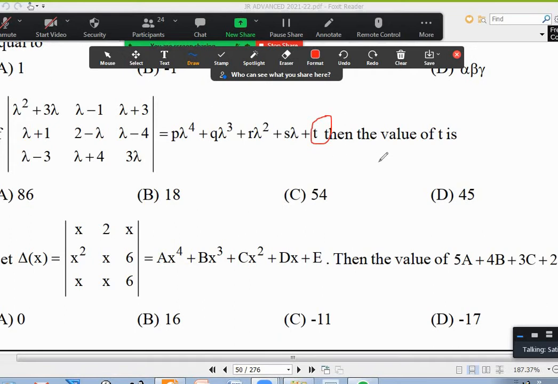Anybody else? How to do the 19th question? We assume lambda is equal to 0. Yes, lambda equal to 0, you will get it.